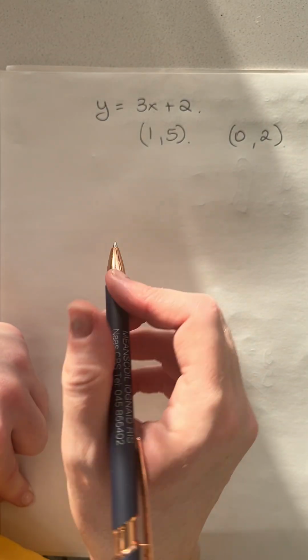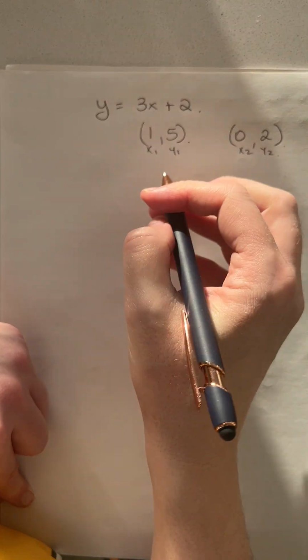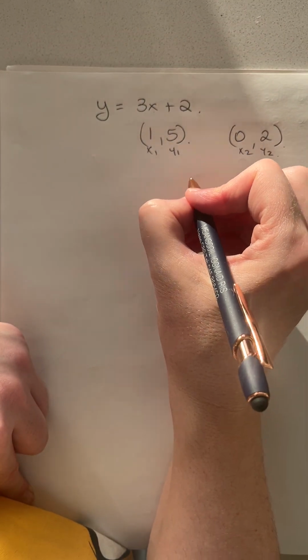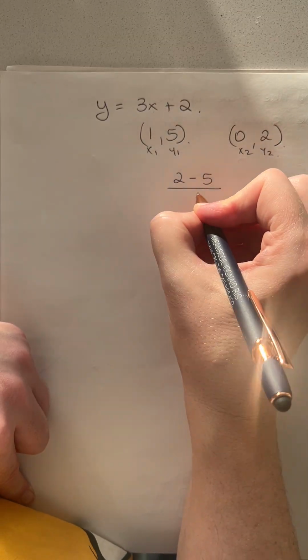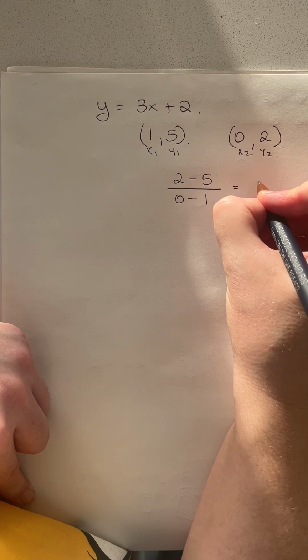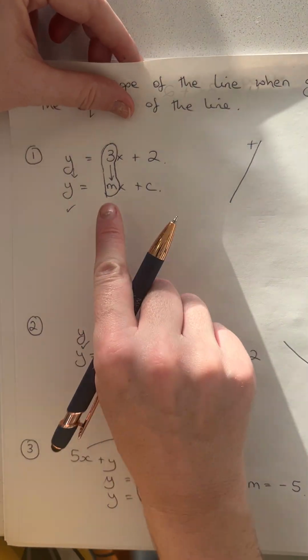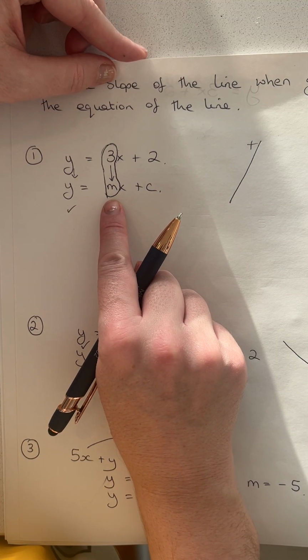Take your time, find your points, call them x1, y1, x2, y2. Get your slope formula, y2 minus y1 over x2 minus x1. And you throw that into the calculator and you end up with a 3, which is exactly what we got here by doing the algebra method.